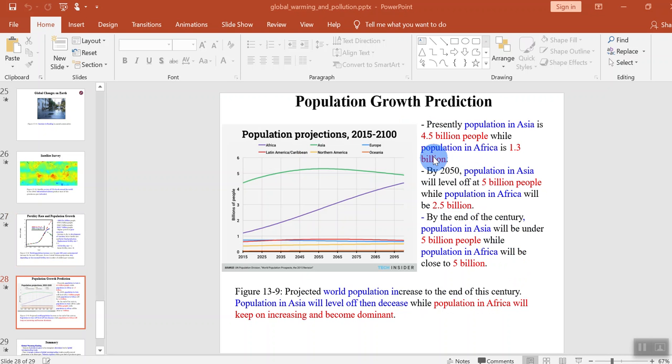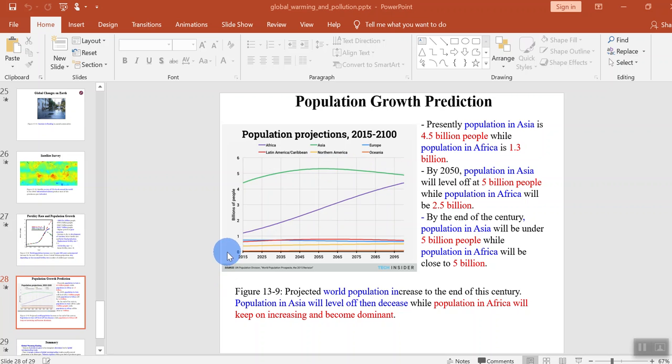Okay, population growth predictions. We said that present population in Asia, so this is Asia, this is Africa, this is some of the other nations. So now population in Asia is highest. Around 2050 will level off, start decreasing, level off around 5 and start decreasing.